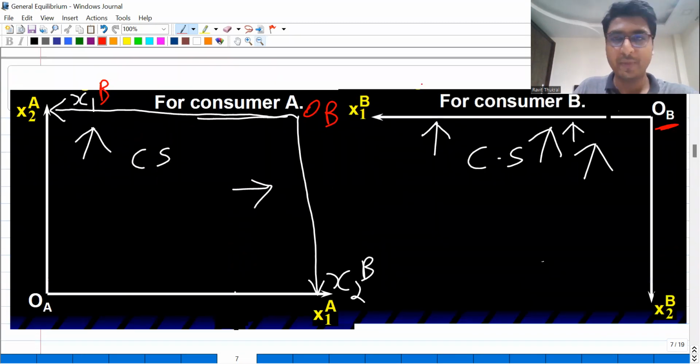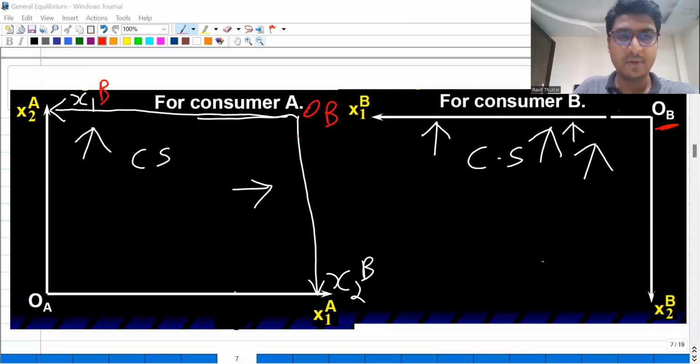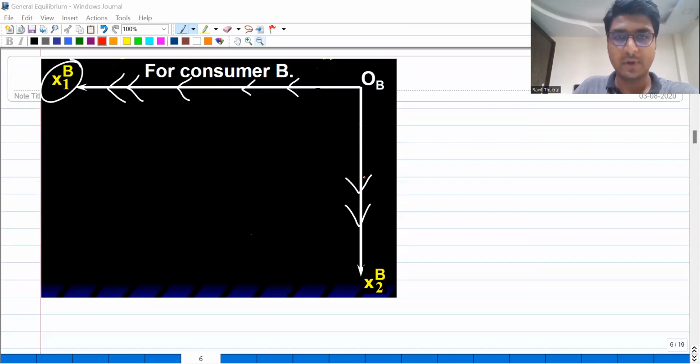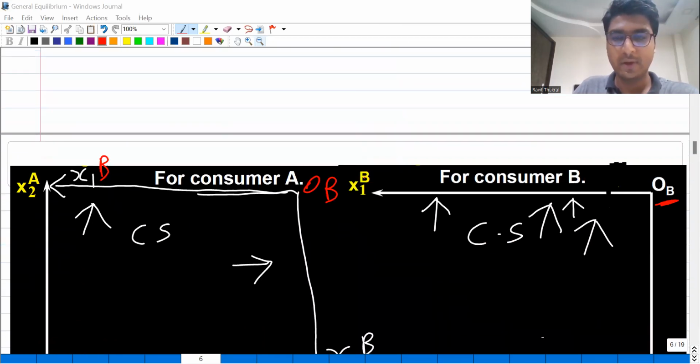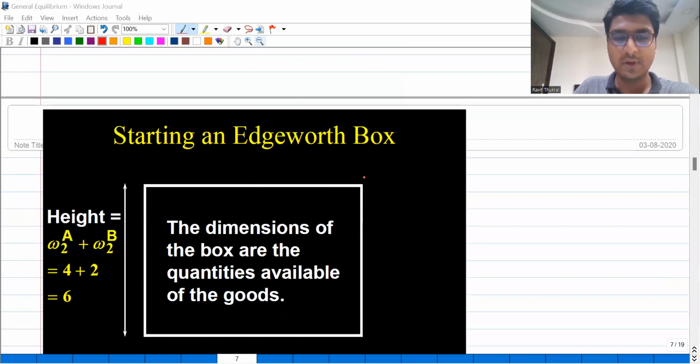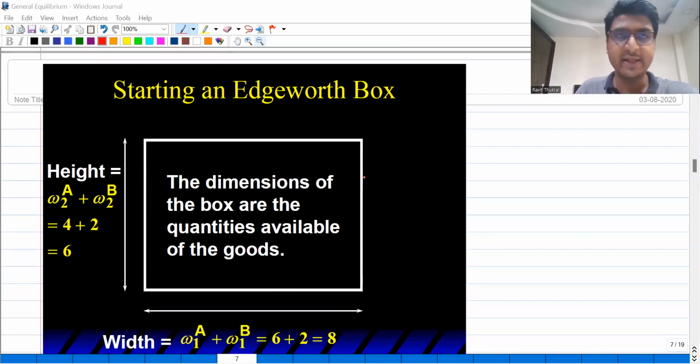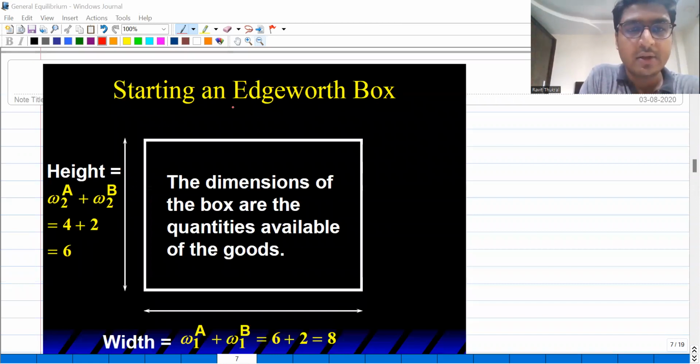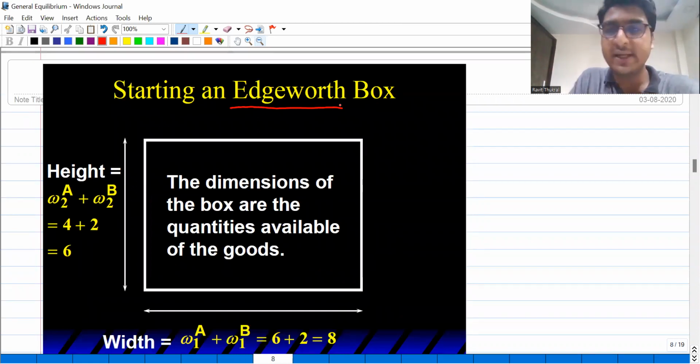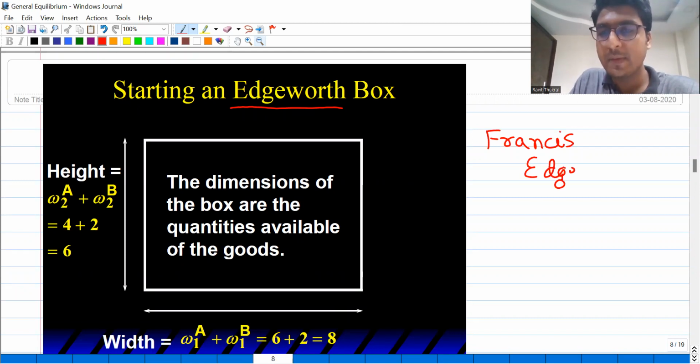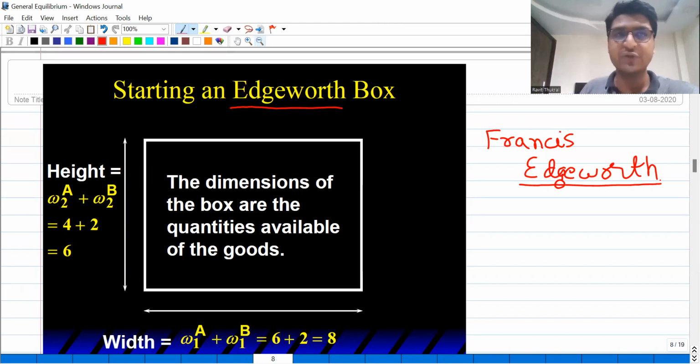So now it looks like this and it is called Edgeworth box, and the reason is this concept was given by Francis Edgeworth. तो उनके नाम पर इस बॉक्स का नाम है Edgeworth box.